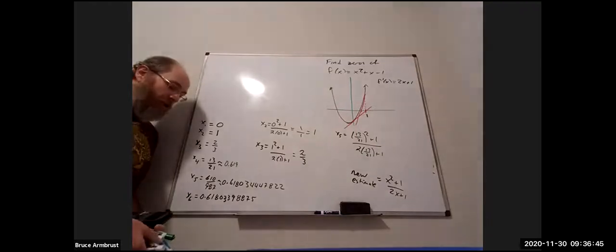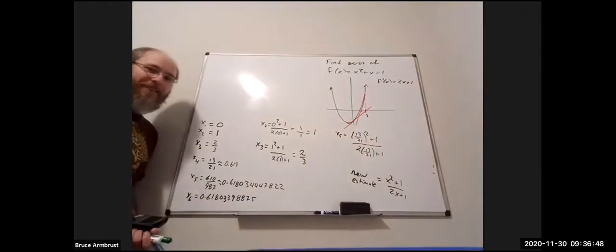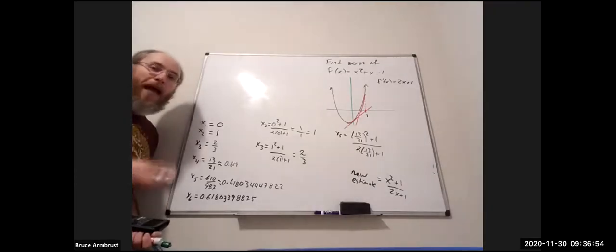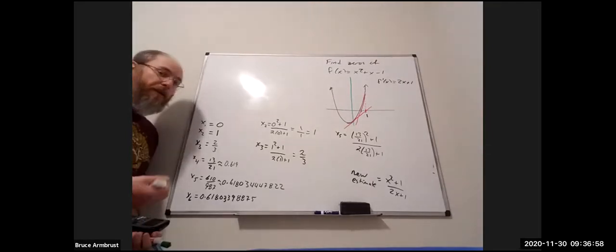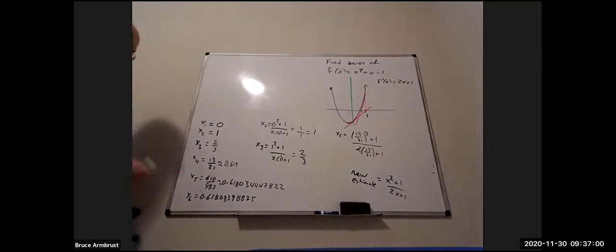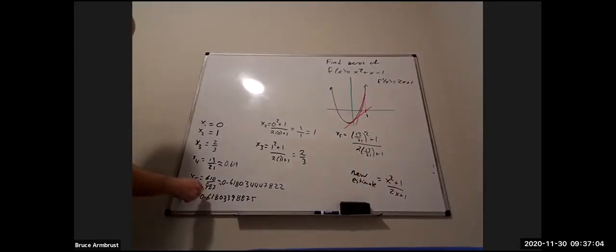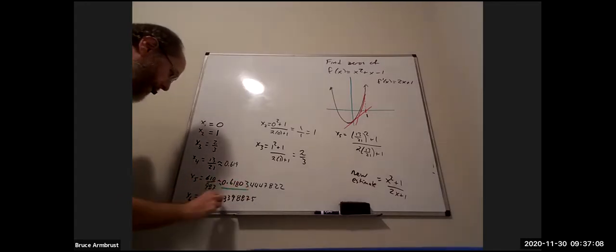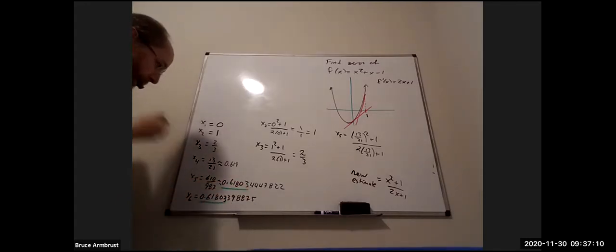Now, the answer to that question, you're going to love the answer to that question. It depends. It depends how accurate you want your zero. How many decimal places do you need? Like for me at this point, please check this out. The difference between these two, right?